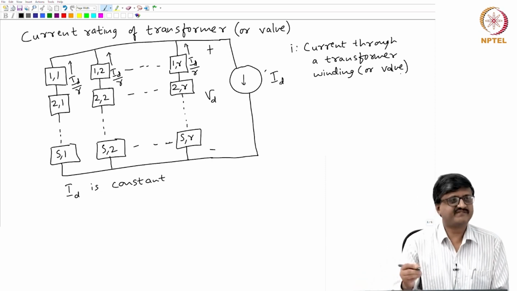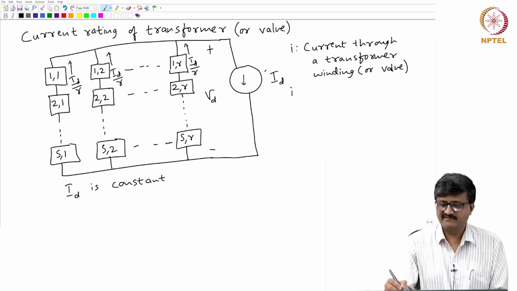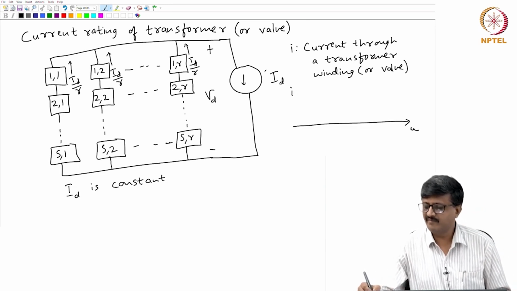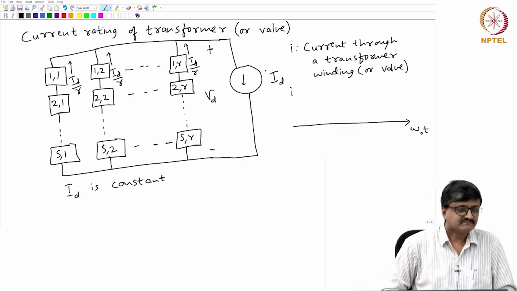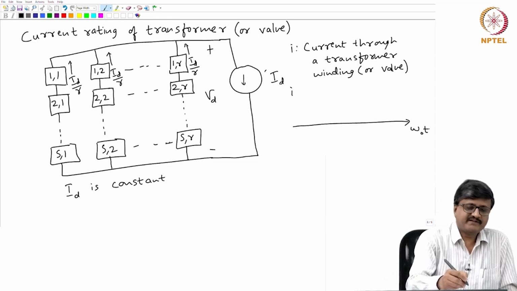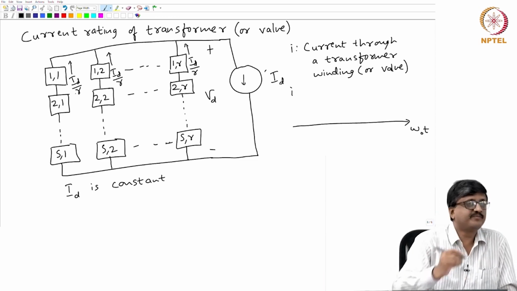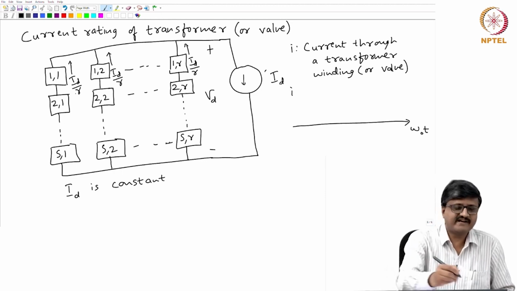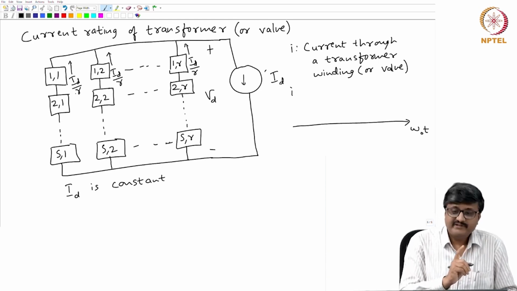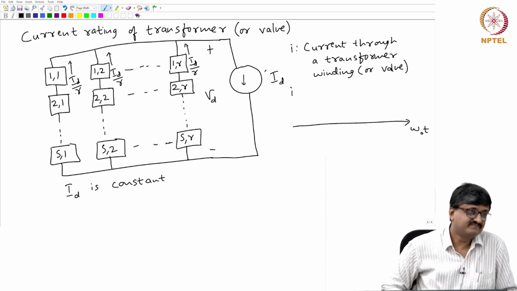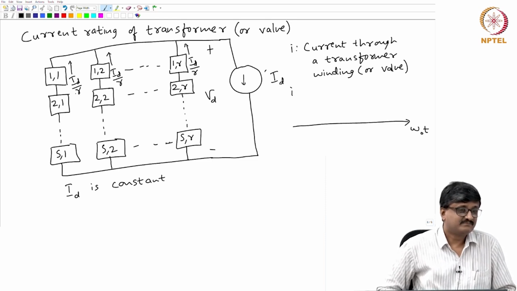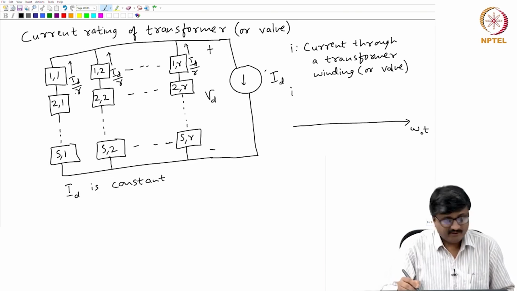So, I want the waveform of I as a function of omega t. I know that the current through the basic commutation group is constant, Id by R. Since Id is constant, Id by R is also constant. But what is the current through any one transformer winding or any one valve? Are you saying I is constant?